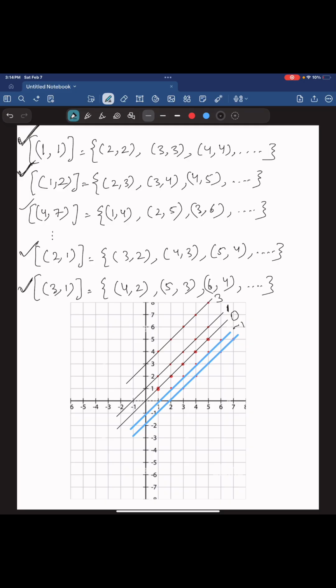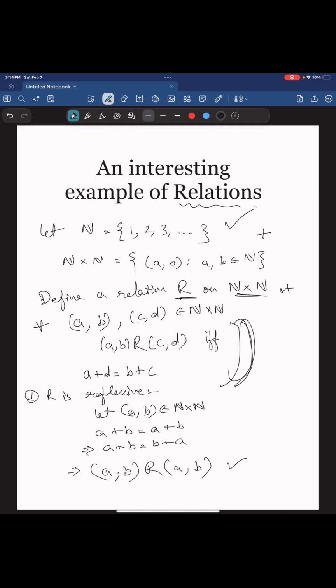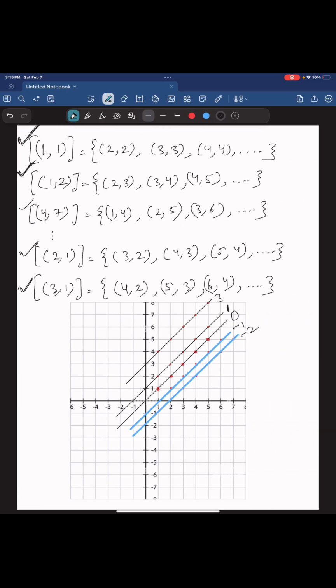The last equivalence class passes through -2. So here we can conclude that a relation defined on the set of natural numbers based on just addition gives us the representation of integers.